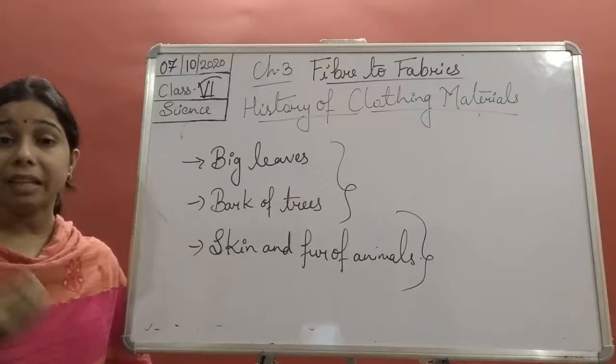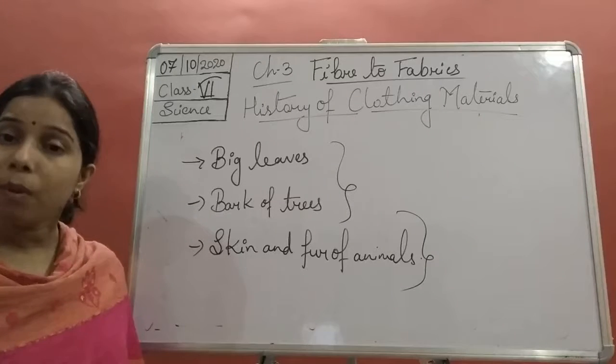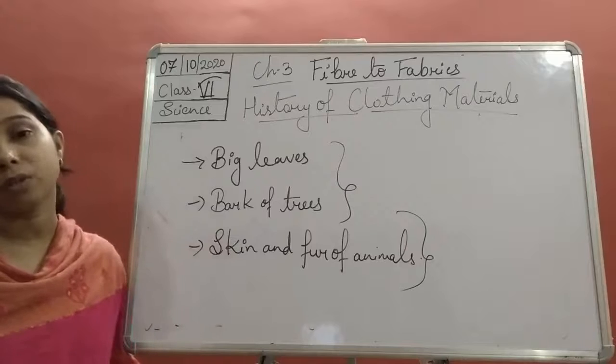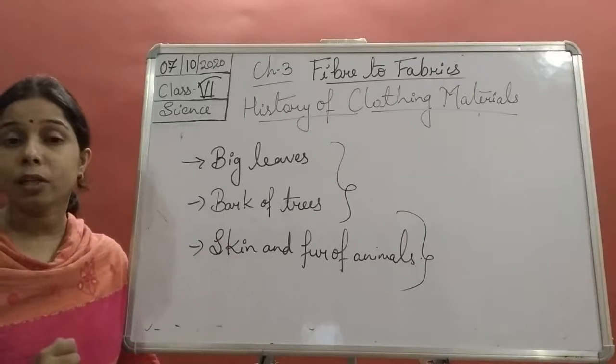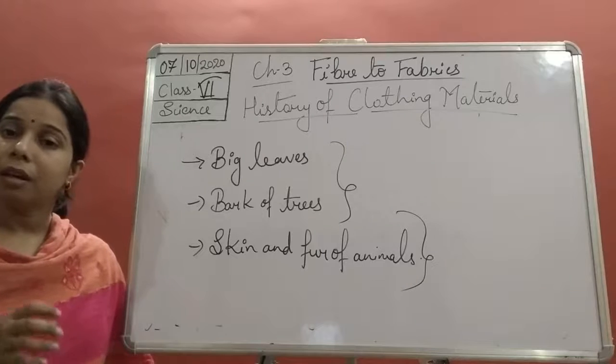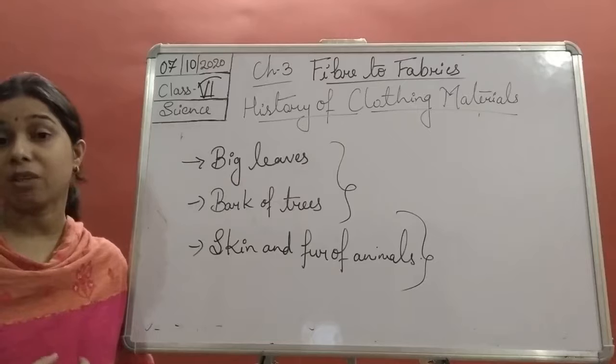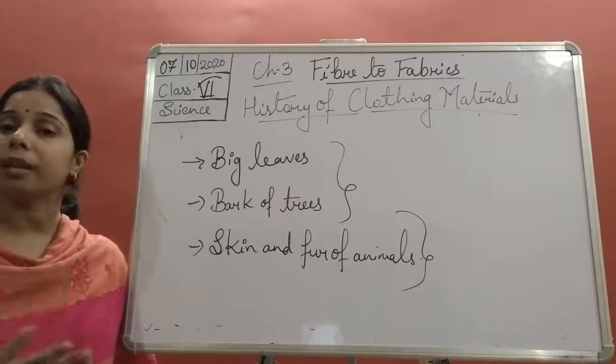Okay, the fleece of the animals, and with the help of the fleece of the animal, they used to spin it together, and by spinning they can convert the fiber, the animal fleece, into yarn.